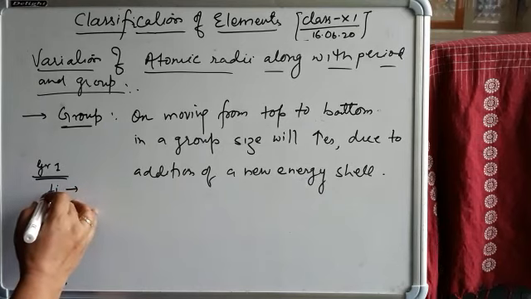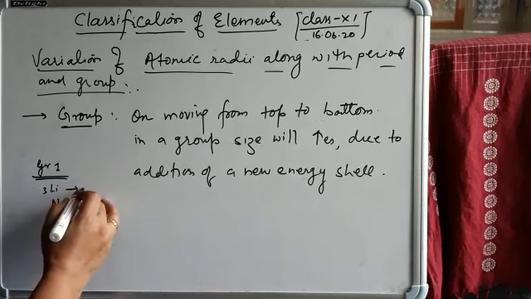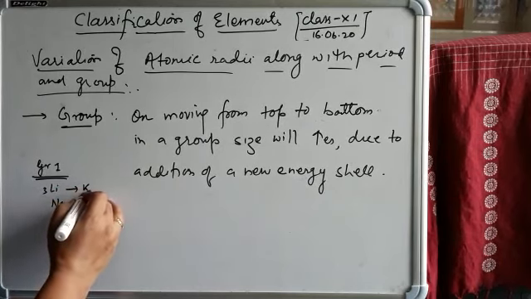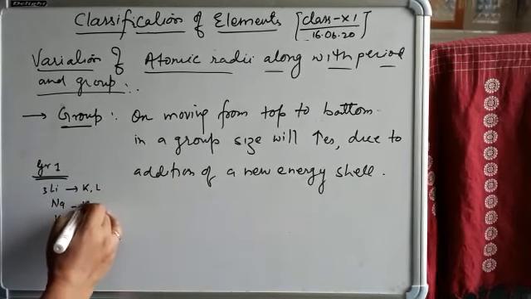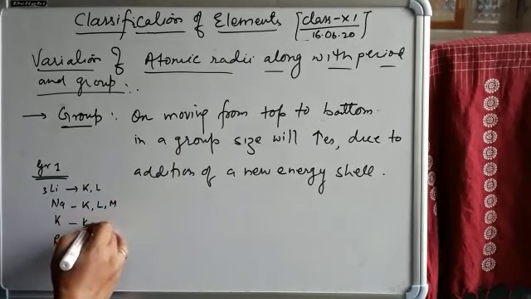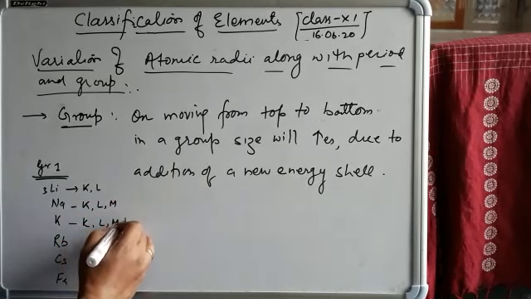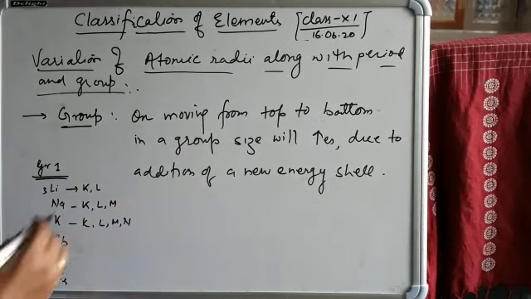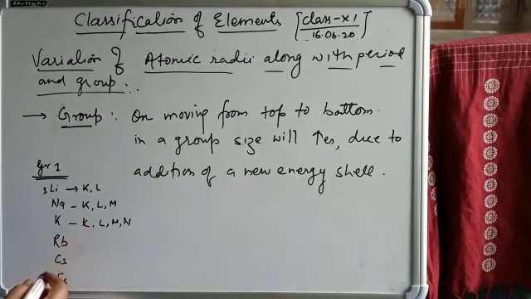Here the atomic number is 3, so the shells are K and L. Here the shells are K, L, M. Here the shells are K, L, M and N. So on, the number of energy shells increases.